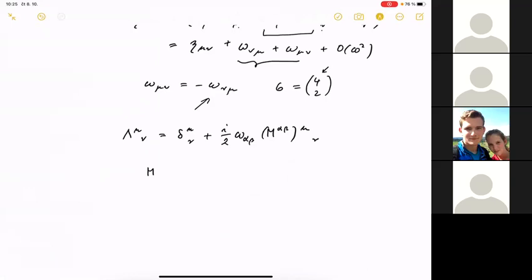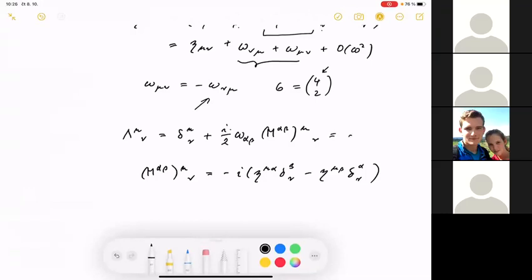These M alpha beta mu nu are the matrices which look like this: minus i, this should compensate this i, times eta mu alpha delta beta nu minus eta mu beta delta alpha nu. Simply, if you insert this definition of the matrix in this formula, you obtain identity in the sense that this equals what it should be, delta mu nu plus omega mu nu.